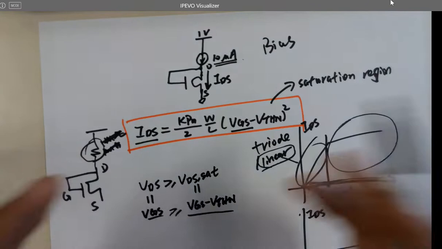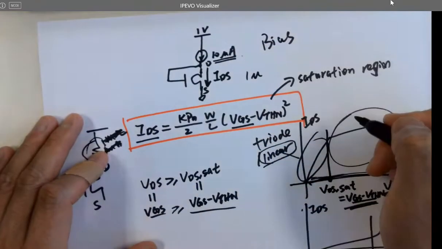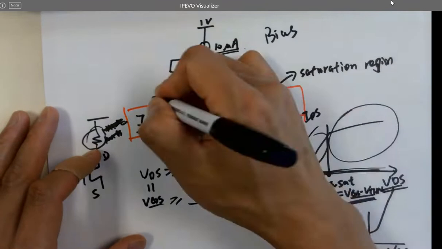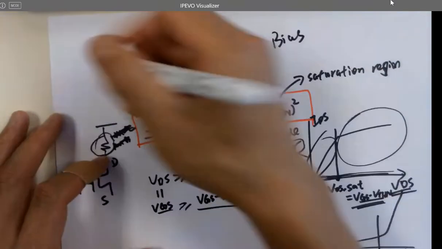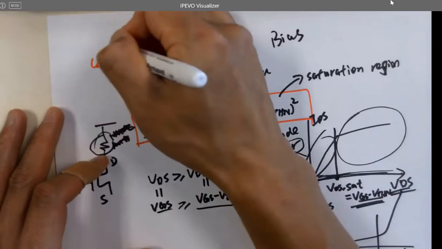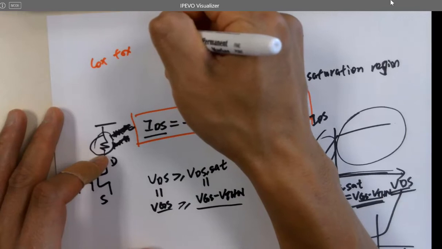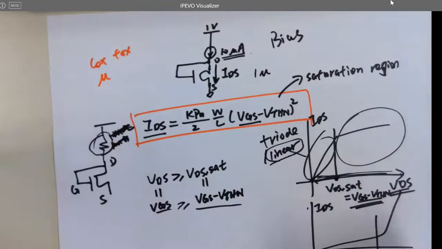Yeah, for large process. This is the 1 micron technology. What's KP again? Yeah, KP is 120. It's given. It has the hole concentration for the P type, and mobility, and all those kind of things.